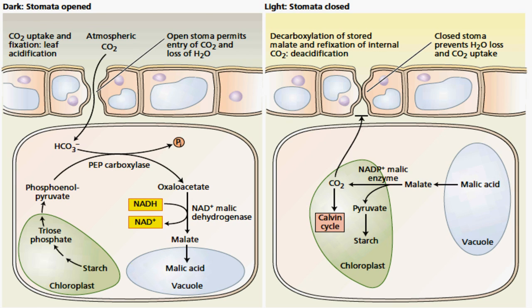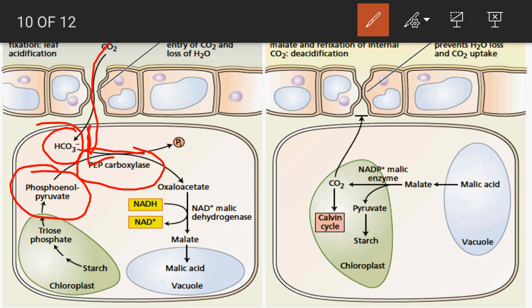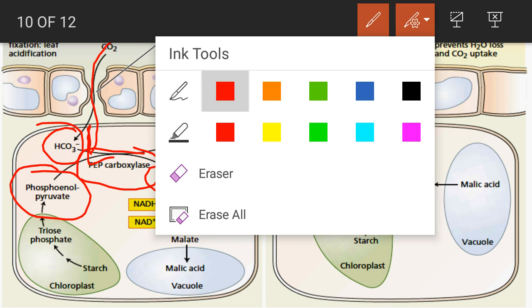Now again let's revise what I said just now. Here carbon dioxide enters into the mesophyll cell in the night time. Now this carbon dioxide mixes with the water molecule and forms bicarbonate ion. This bicarbonate gets attached to phosphoenol pyruvate under the enzyme phosphoenol pyruvate carboxylase, and it will form a C4 acid, oxaloacetate.